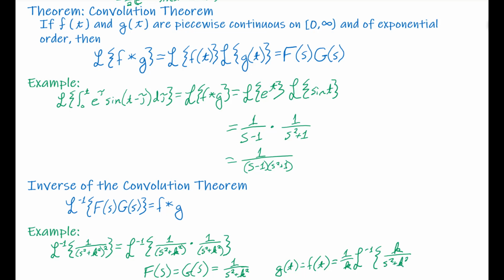So that's that strategic multiplying by 1 happening. And now I recognize the thing inside as being sine of kt. So this is going to equal 1 over k sine of kt.